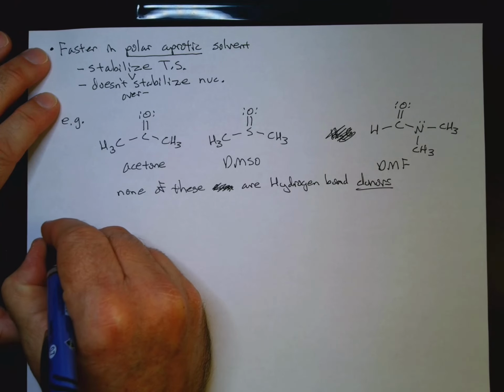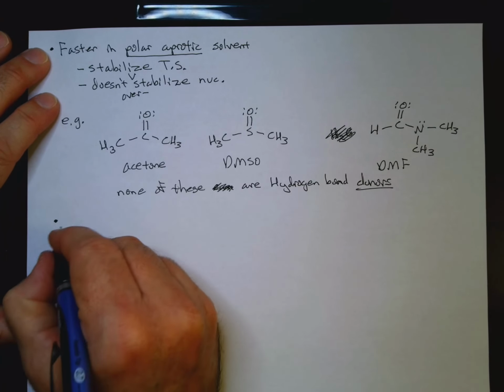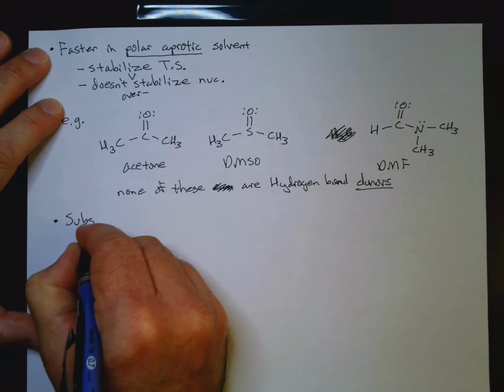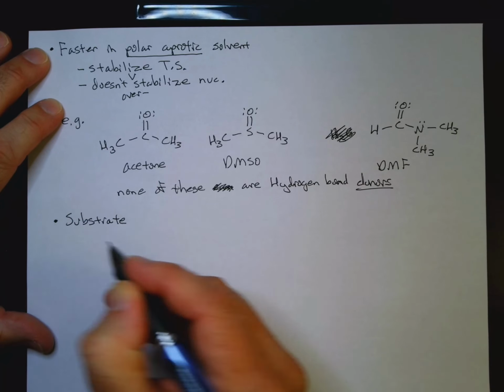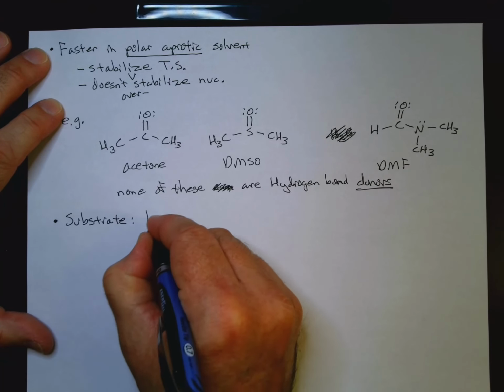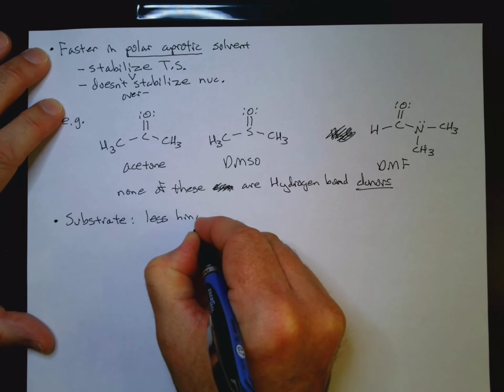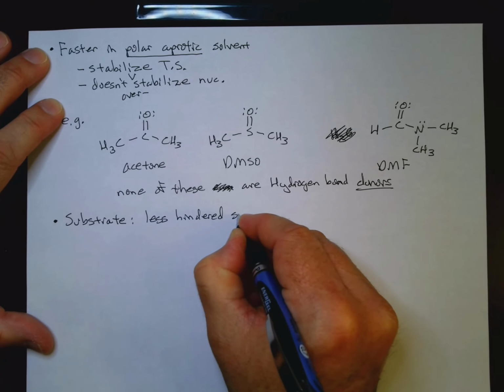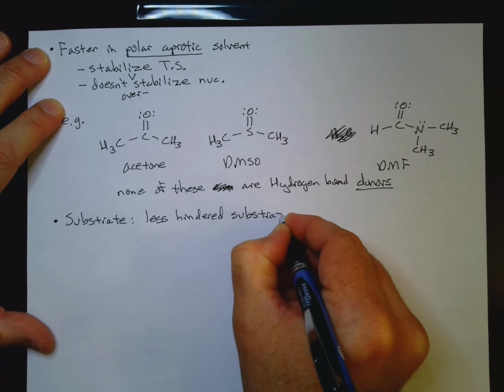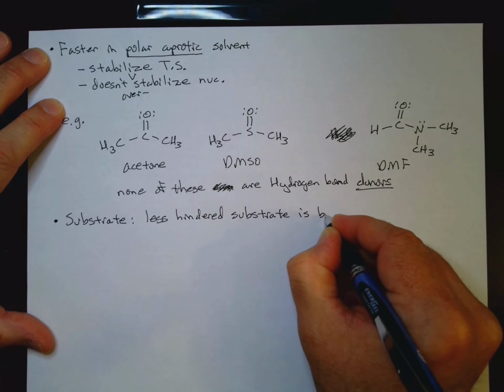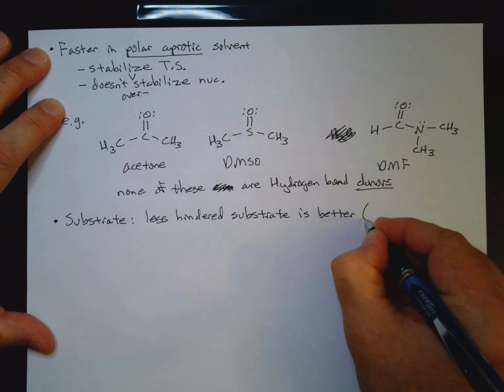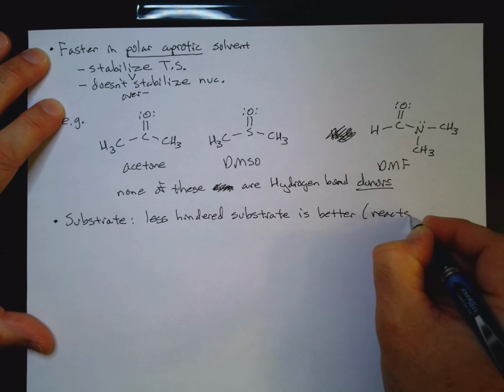Then the last area is the substrate. So this is the alkyl halide. And a less hindered substrate is better. That is, it reacts faster.